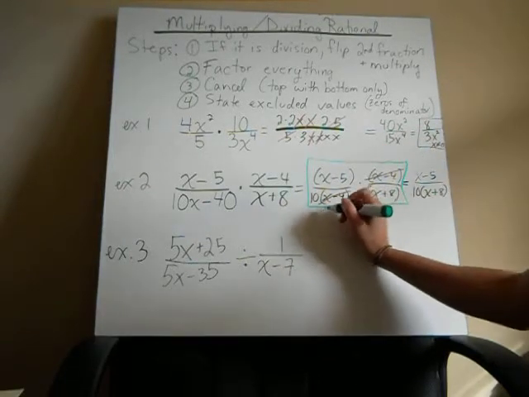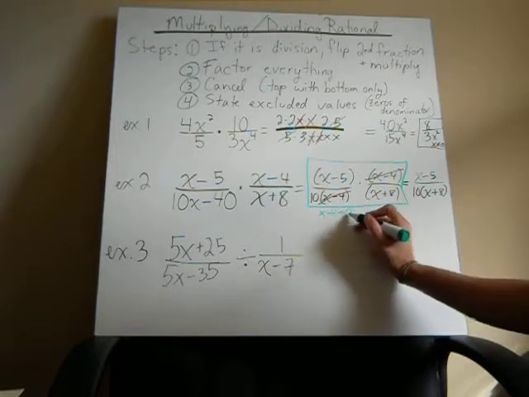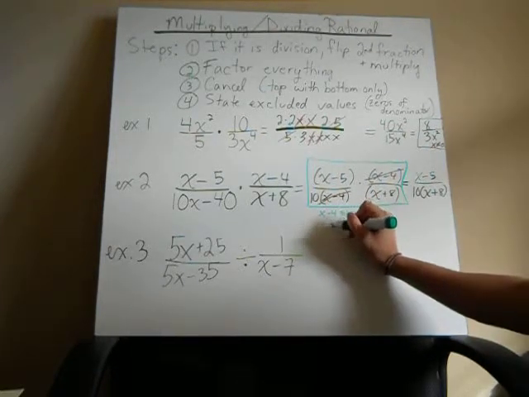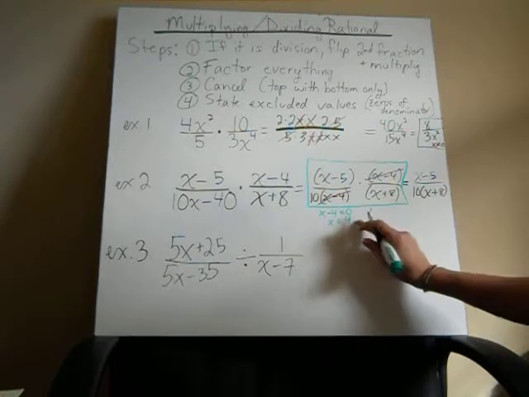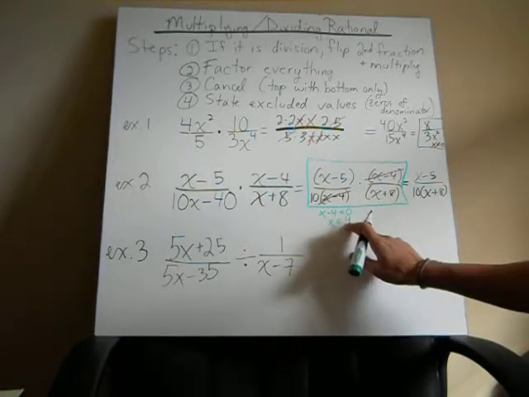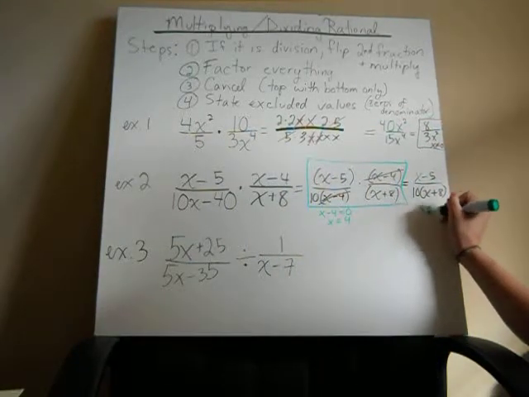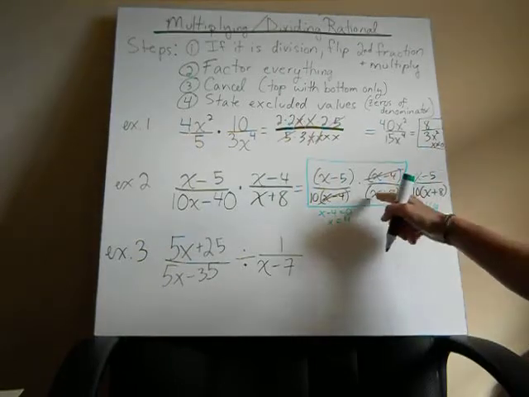Well, the simplest way to do that is to set my denominator equal to 0. And right there, what would that be? Well, if x were 4, 4 minus 4 is 0, 0 times 10 is 0. So if x is 4, then I'm dividing by 0. And you know you can't do that. So x can't equal 4.